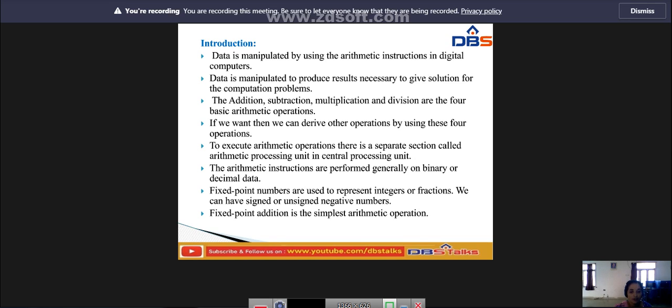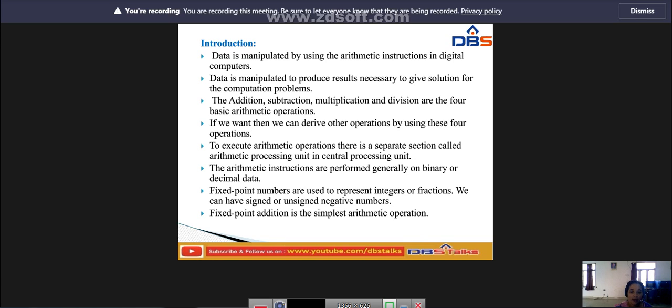The digital computer will solve the problems and give the solution. Whatever data you give to the digital computer is taken, manipulated, and produces the result.